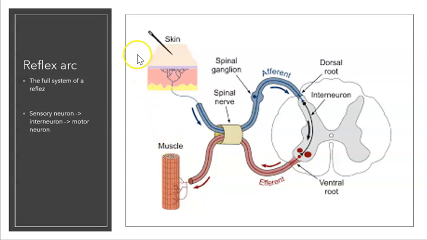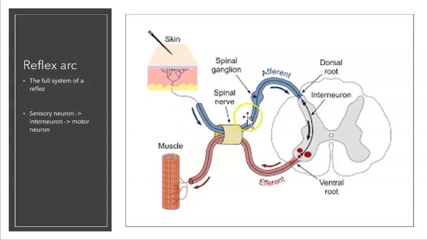So for instance, if you prick a needle, say I've got a cactus, I touch my cactus, it's sharp, I'm automatically going to pull my hand away. What happens in those microseconds is that needle from my cactus poked my skin, touched one of the sensory neurons in my skin.